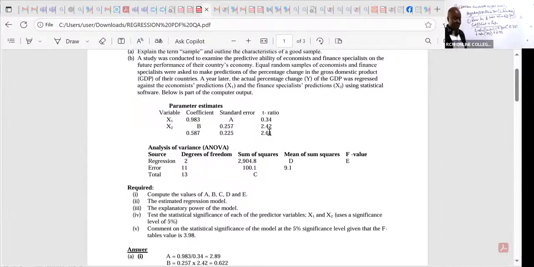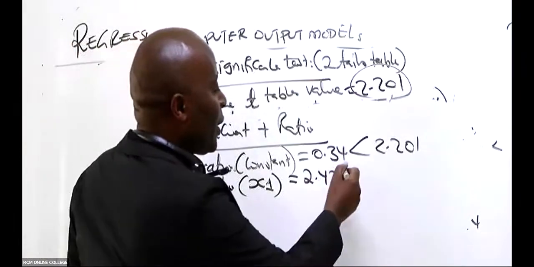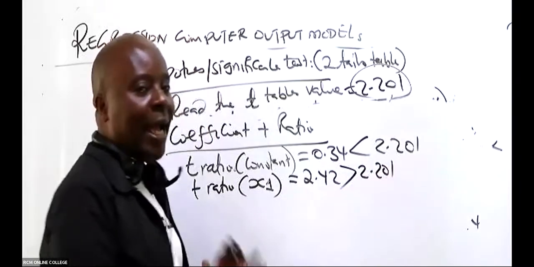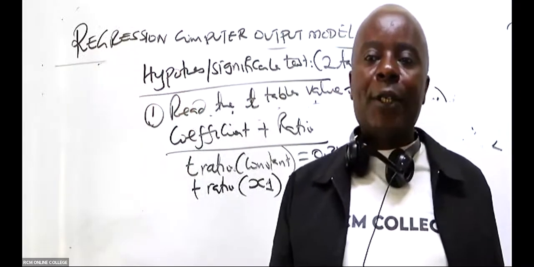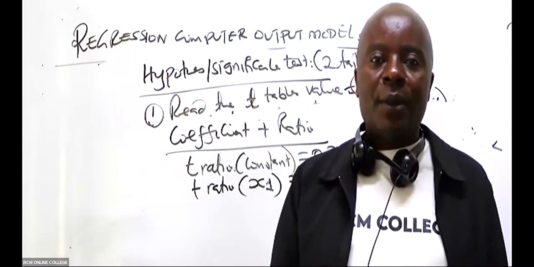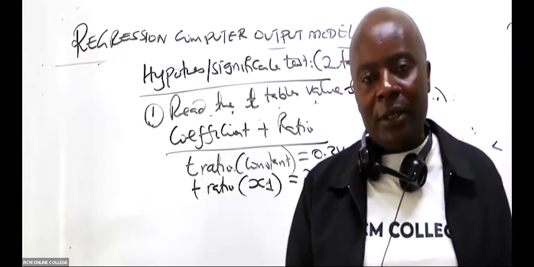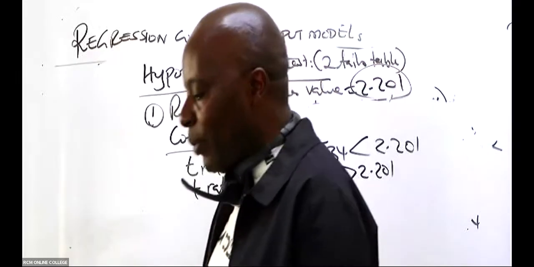It's more, isn't it? This is greater than 2.201. So it means that X1 is significant. It's big enough. X1 is significant. It's good. It's a good predictor variable.